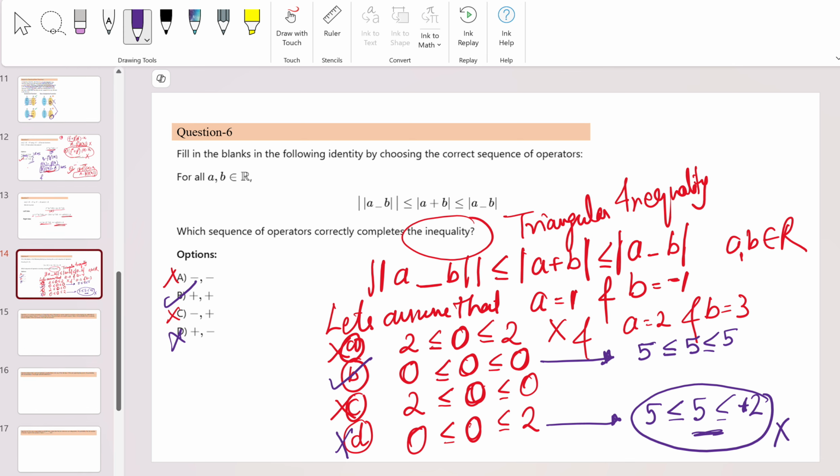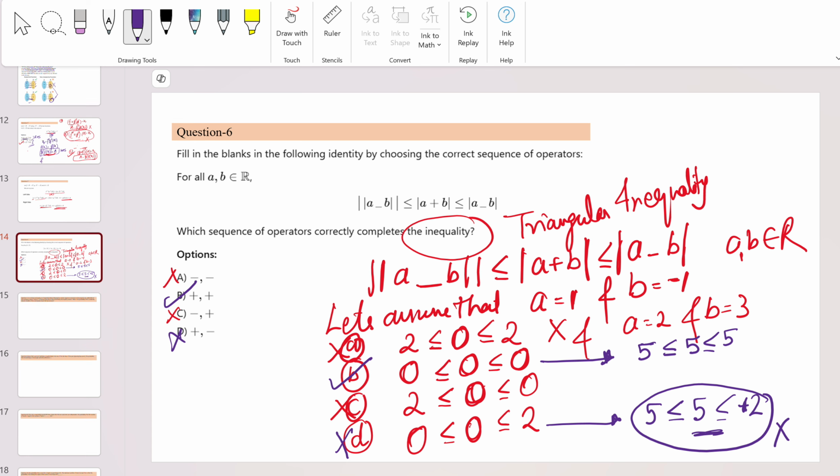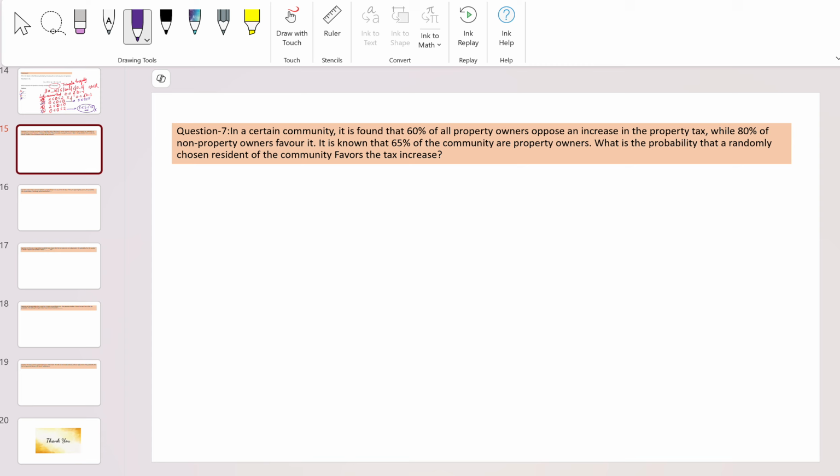First, we have to make sure that you are very intuitive in taking random guesses. Okay, let's take another question here. Let's take 2 minutes and read the problem.